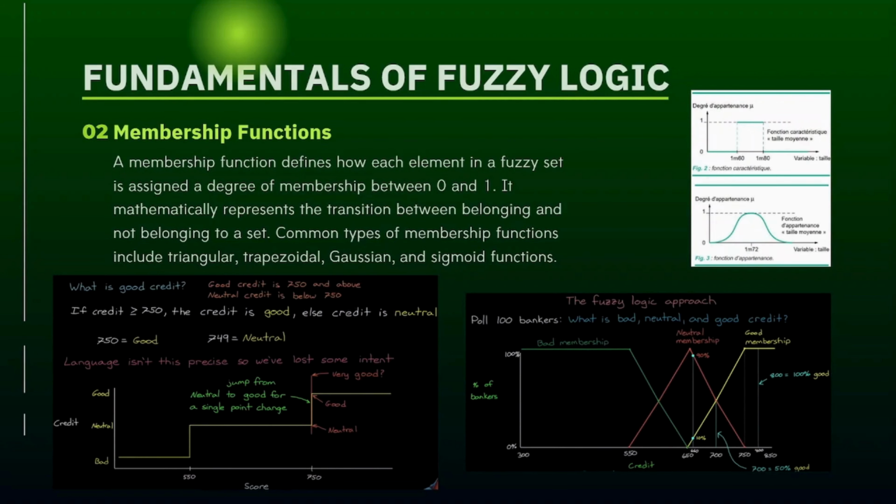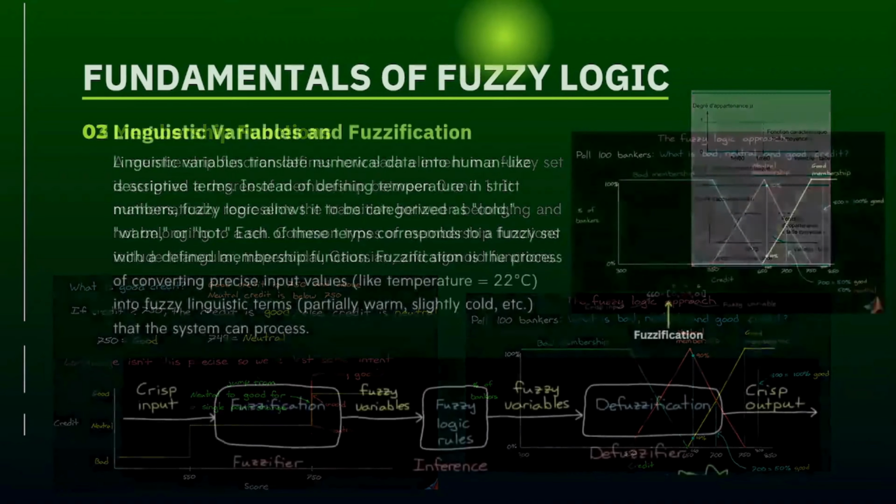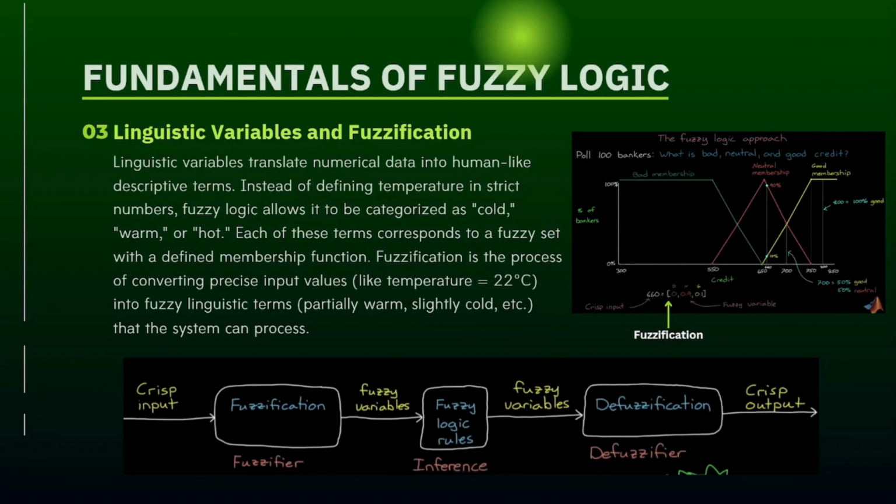So a credit of 700 is not 100% good, and it's not 100% neutral. It's 50% good and 50% neutral, due to the transition and the gradual concepts in fuzzy logic sets, which is portrayed here in the membership functions. The third fundamental of this fuzzy logic concept is linguistic variables.